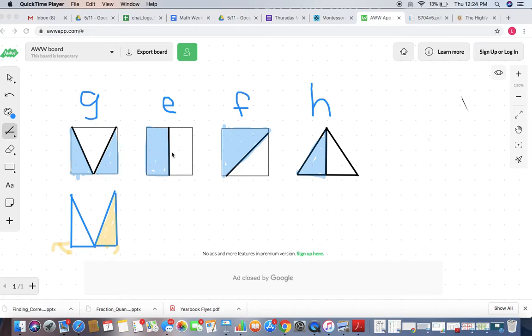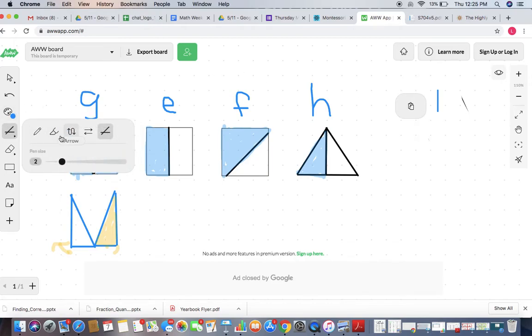So we have a square and we have half shaded in because that square is divided into two equal parts. Remember, when we see a fraction, the fraction 1/2 is often written like this.